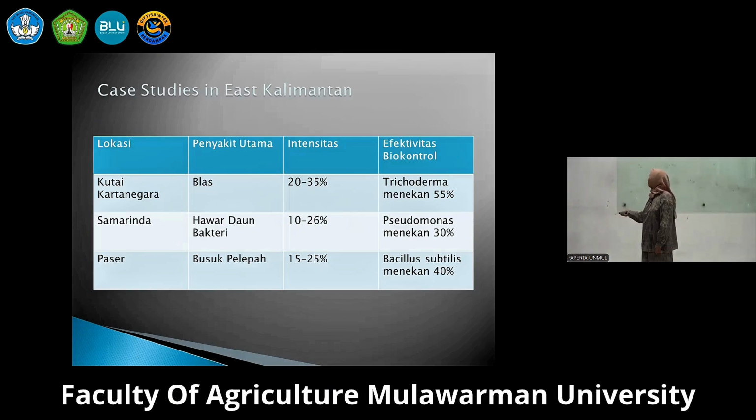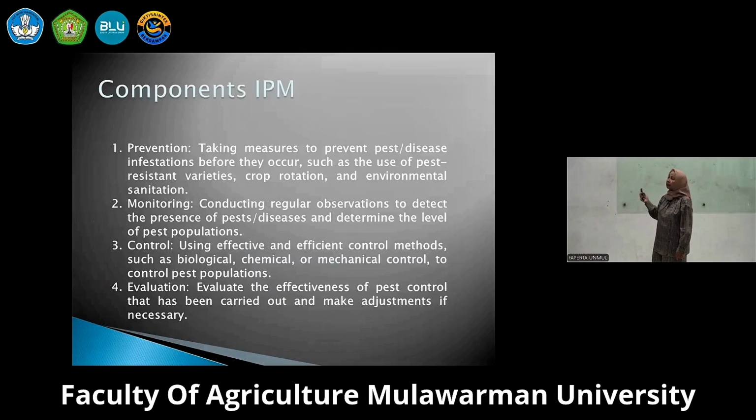And then now, remember the components. IPM has components, okay? There are 4 components of IPM. 1, prevention. Prevent as long as you can. How to prevent it? 1, by choosing resistant varieties.